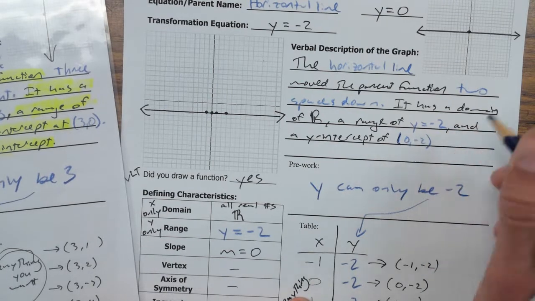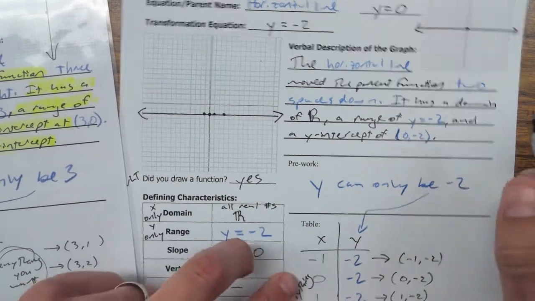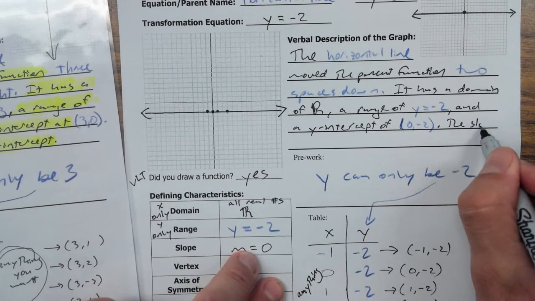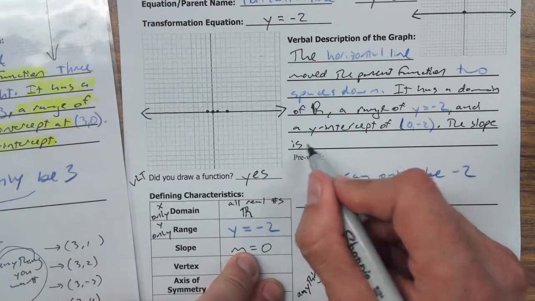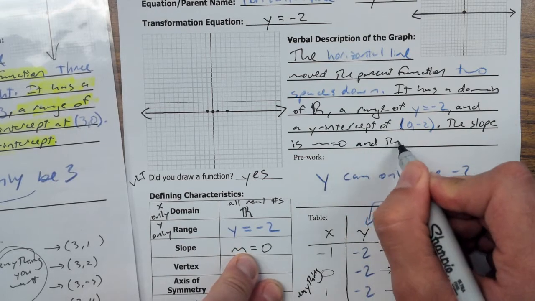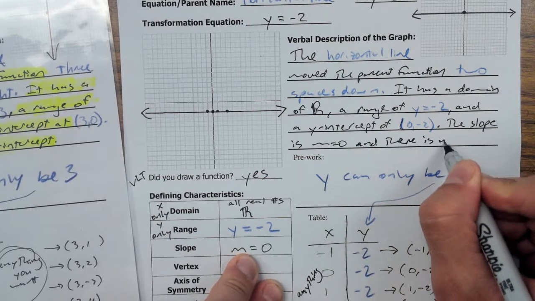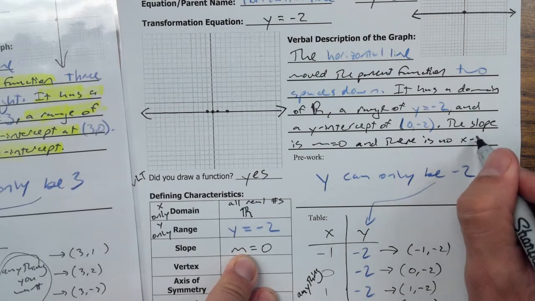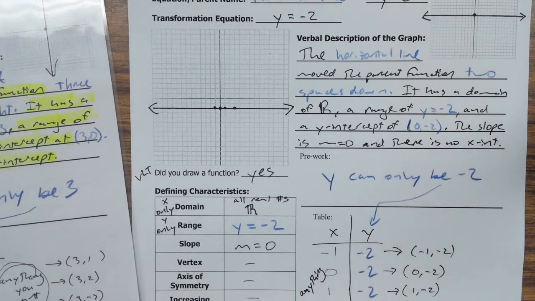It doesn't have an x-intercept, this time it has a y-intercept. The slope is m equals 0, and there is no x-intercept. Something along those lines would be perfect.